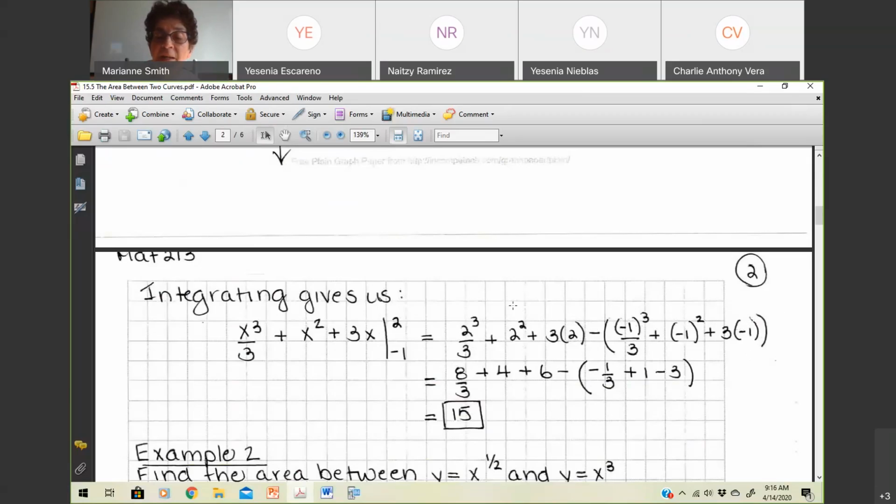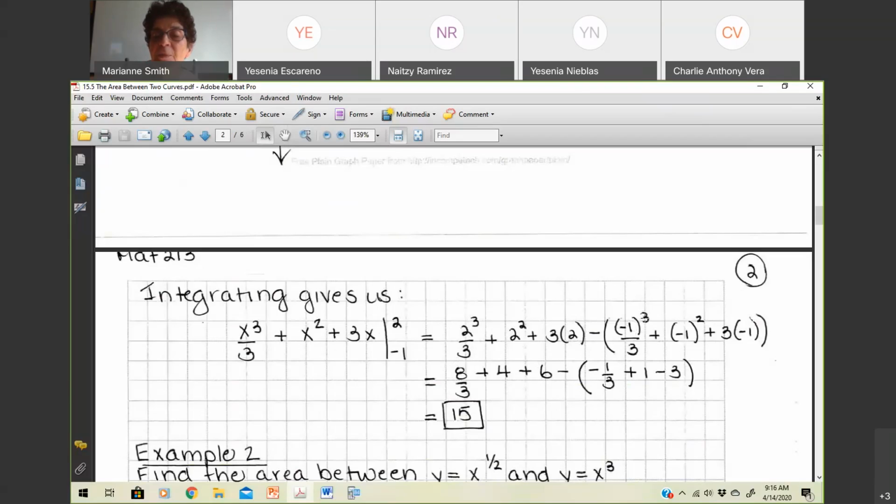This is purely a calculator issue. You just type this in on your calculator. I can kind of walk you through the steps a little here. 2 cubed is 8, so I have 8/3. 2 squared is 4, 3 times 2 is 6. So here's the upper bound evaluation. And then here is the lower evaluation.